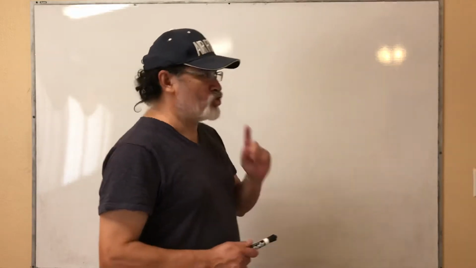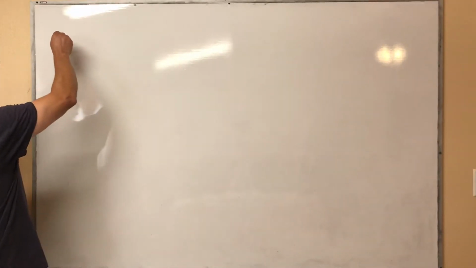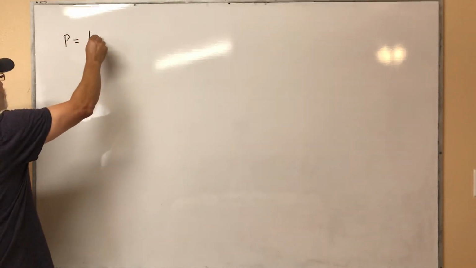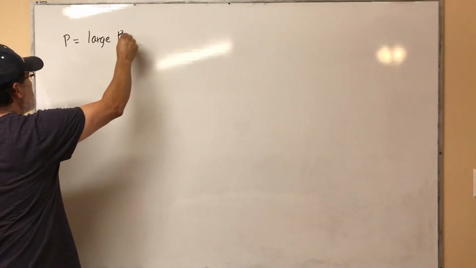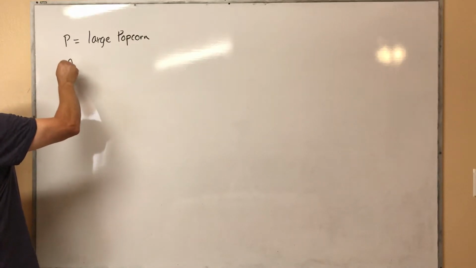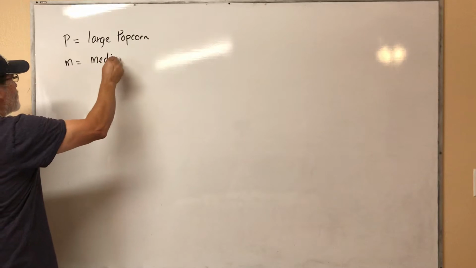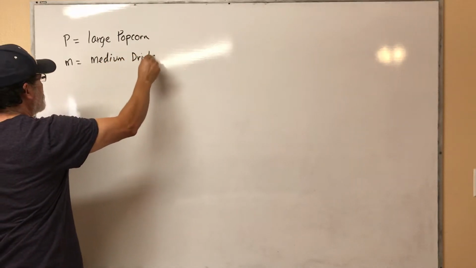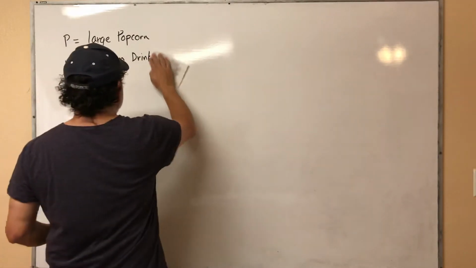Okay, so let P equal the large popcorn, and let M equal the medium drink.